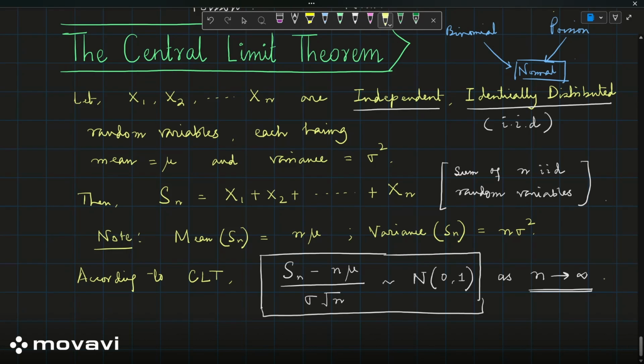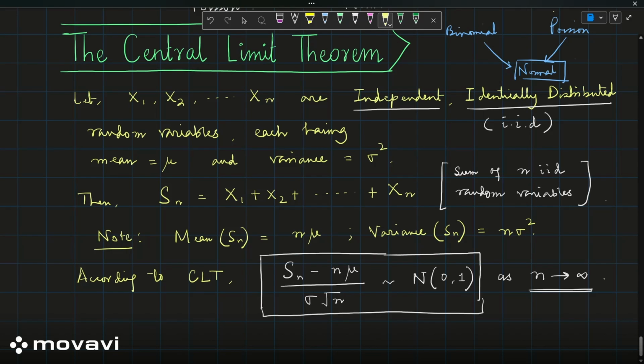But the type of distribution is not mentioned here. It can be binomial, it can be Poisson, it can be any other distribution. But as long as they are independent and identically distributed with same mu and same variance, then the standardized form of their sum Sn, which is also a random variable, follows a normal distribution with mean 0 and variance 1.